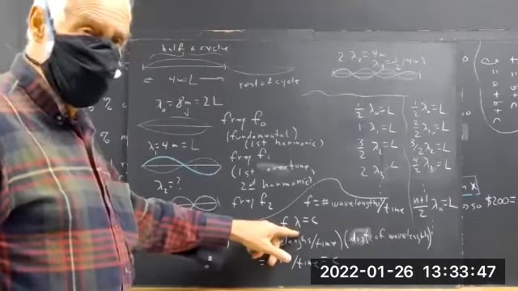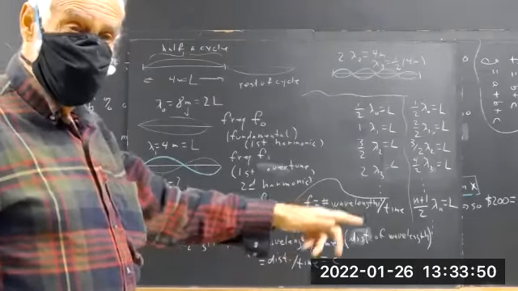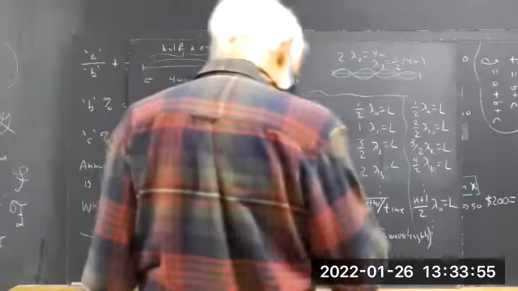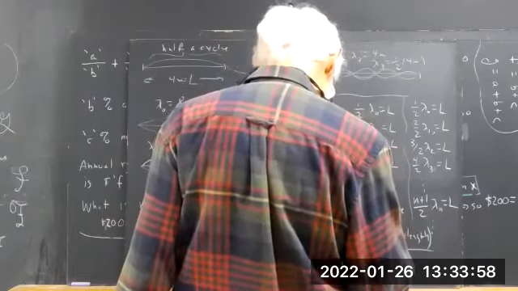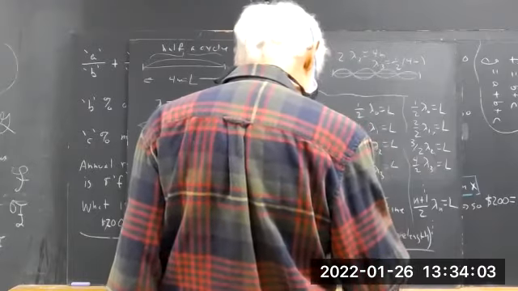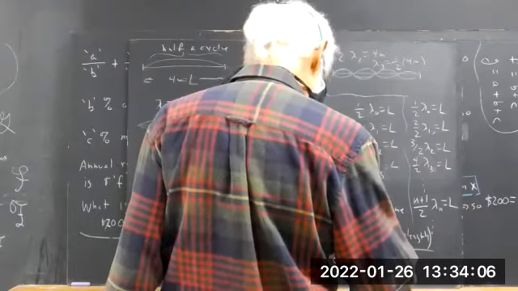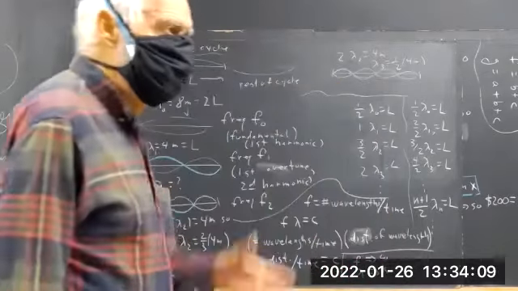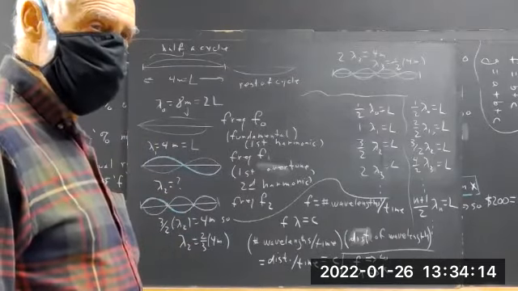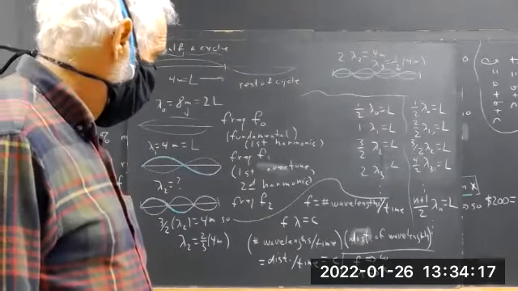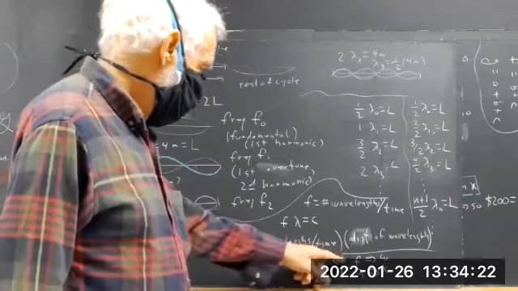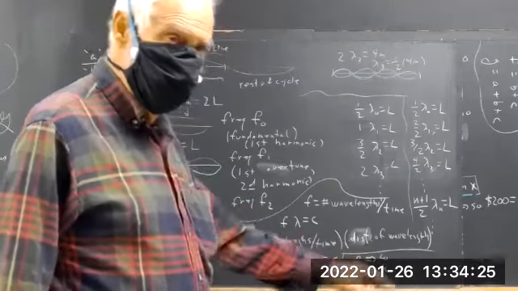If you know the frequency and the wavelength, you know omega and k, right? So the frequency implies omega. Lambda implies k. And you have to understand the relationship between frequency and omega and lambda and k.